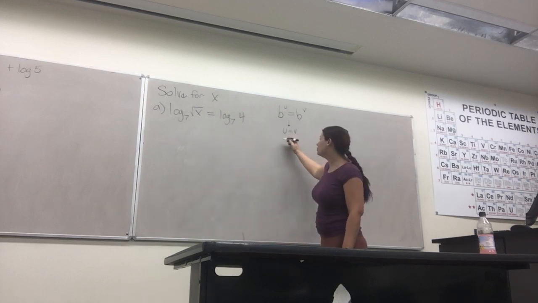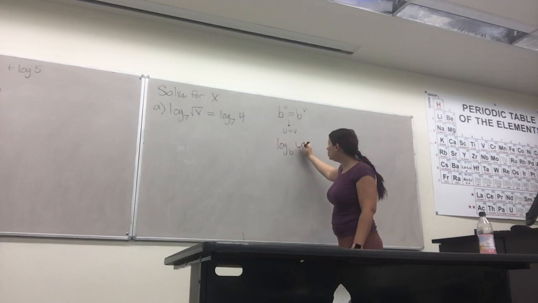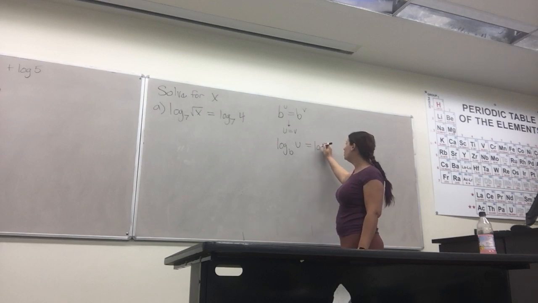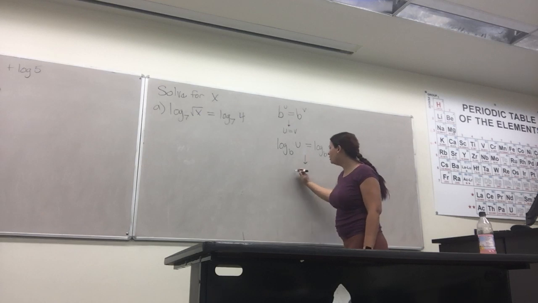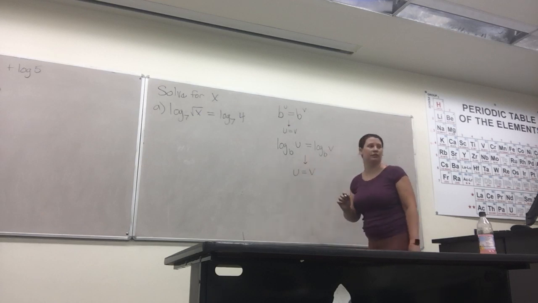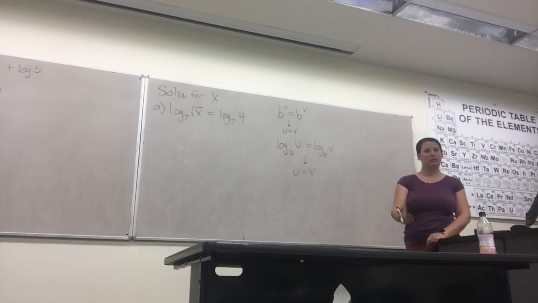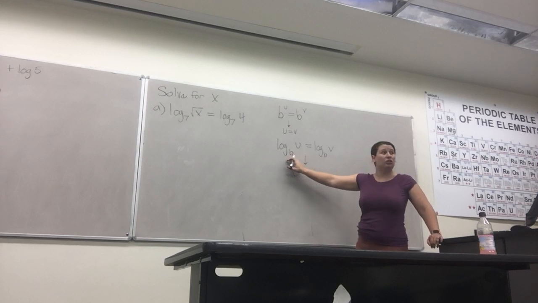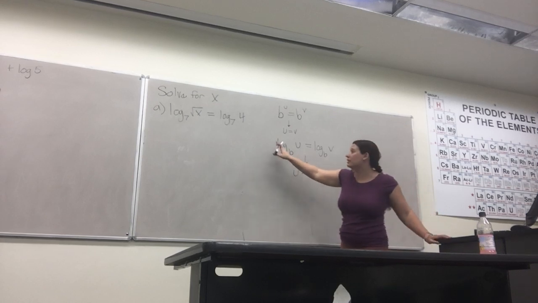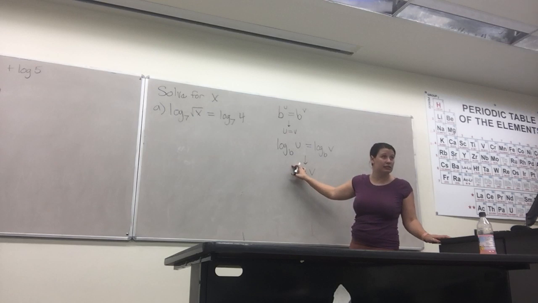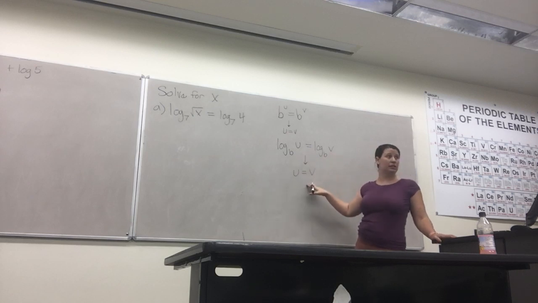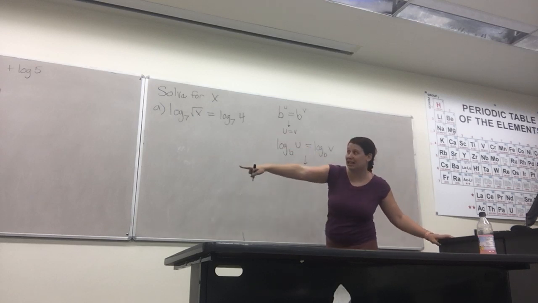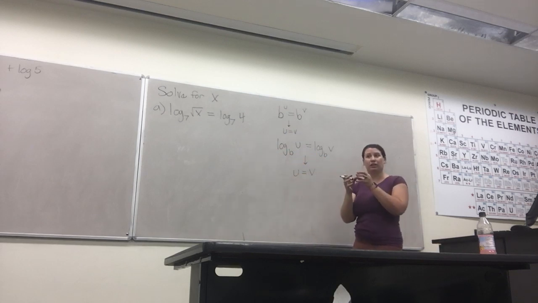So this translates into: if log base b of u equals log base b of v, then u equals v. However, this is only when it's a single log. So if you have a separate log, even if it's the same base, we can't go directly into this. You have to combine it, just like we did on the last one, into a single log on each side.